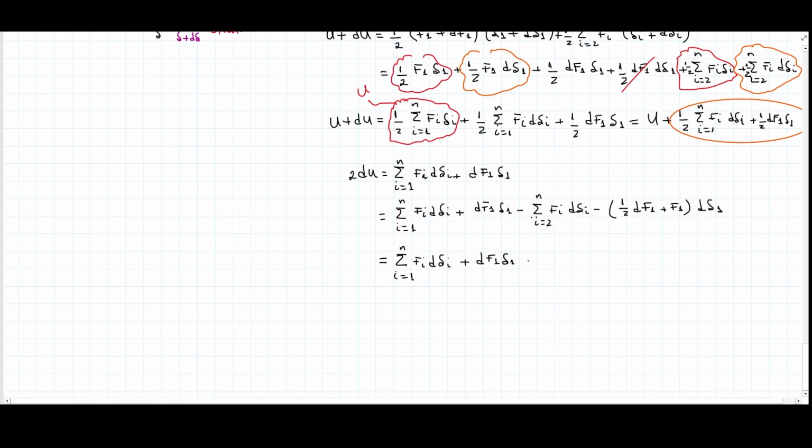This is 1 minus this one here. Minus, let's see, this one times this. So it's going to be 1/2 df1, the differential of the extension, minus f1 times the differential of the extension.